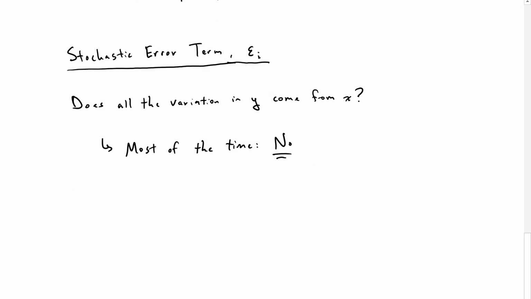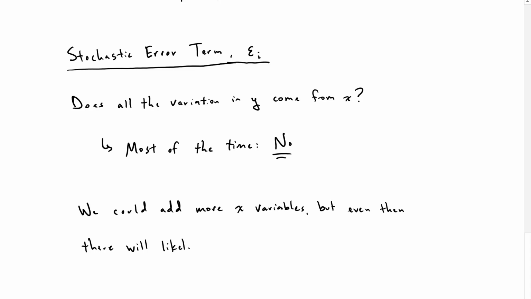So we could add more x variables, but even then, there will likely be unexplained variation in y.